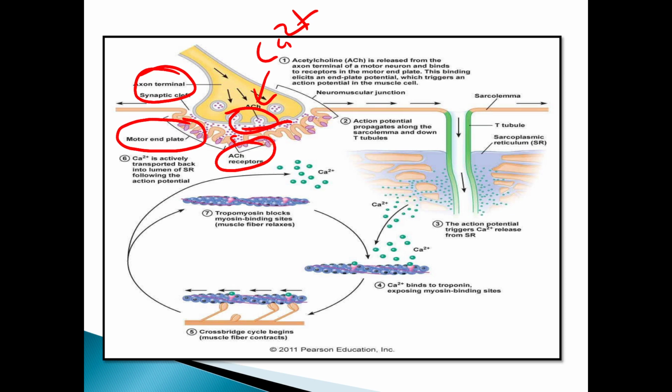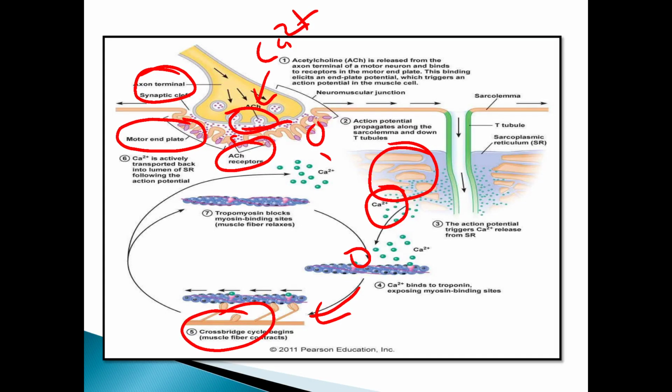Binding of acetylcholine causes sodium channels to open and sodium enters the sarcoplasm, which in turn causes the sarcoplasmic reticulum to release calcium into the sarcoplasm. That binds to troponin, and the cycle repeats: cross bridges are formed, then ADP is released, then the next cycle, and it continues. Finally, tropomyosin blocks the myosin binding site and the muscle fibers are relaxed.